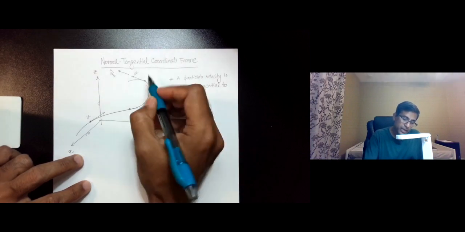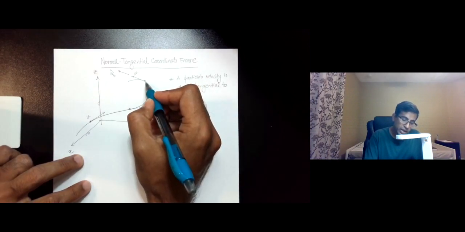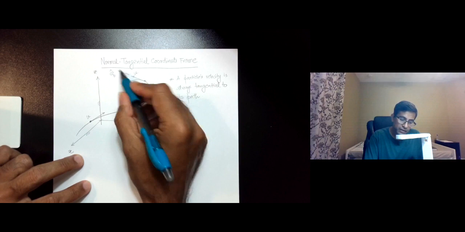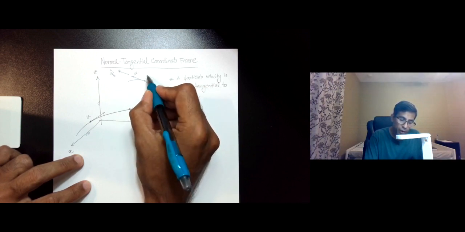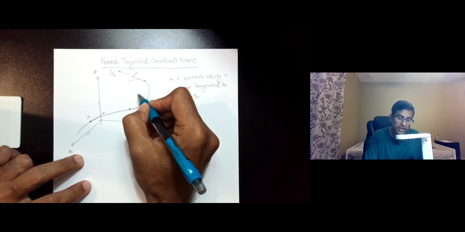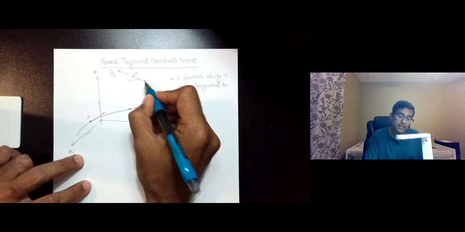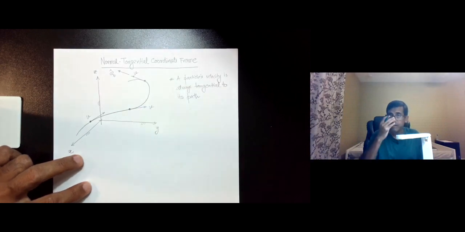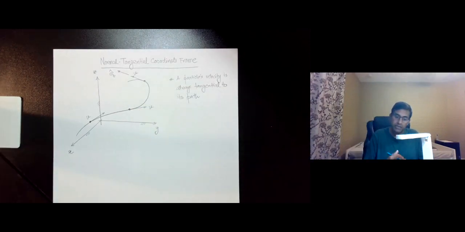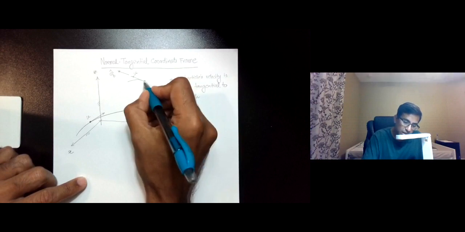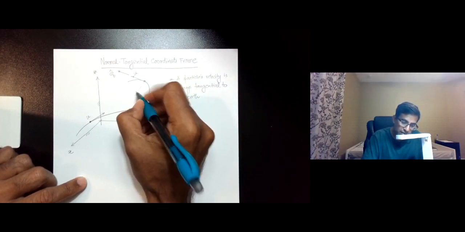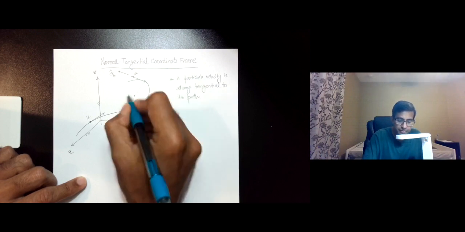Then we note that if e_t is tangential to this path, then perpendicular to that is going to be a direction pointing towards the center of curvature of the path, because the center of curvature is always perpendicular to the tangent, and e_t is the tangent. Let's say that the center of curvature at this instant is here.